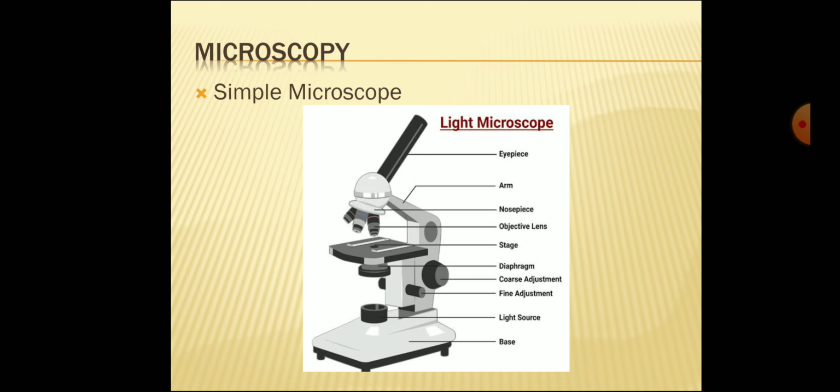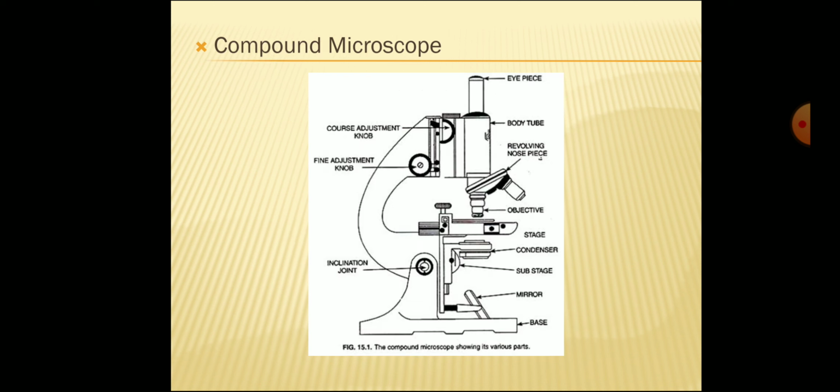The next type of microscope we will study today is the compound microscope. In the compound microscope, the light is transmitted and focused by a mirror and condenser.